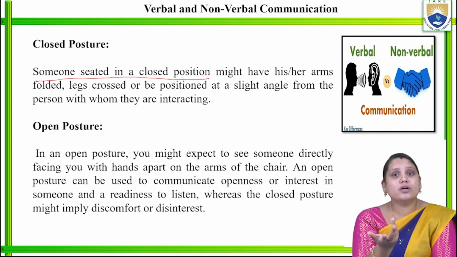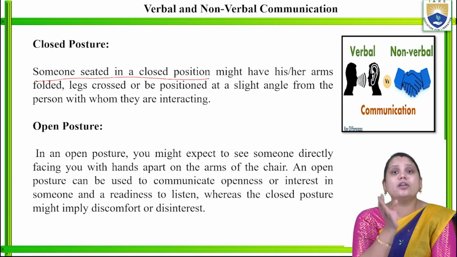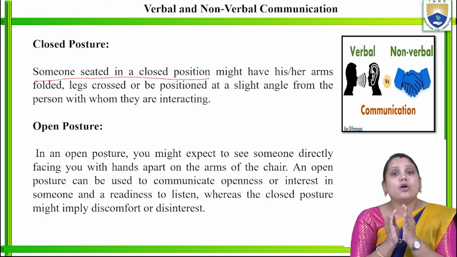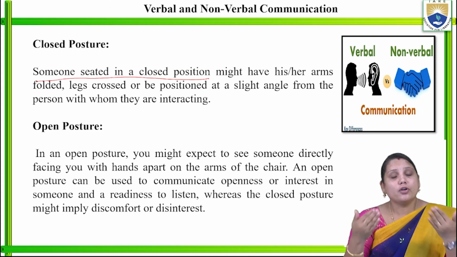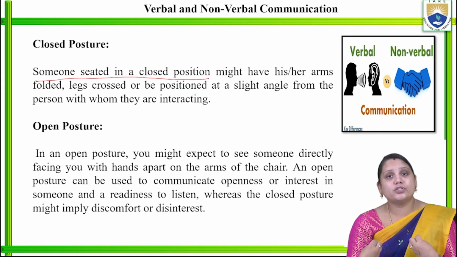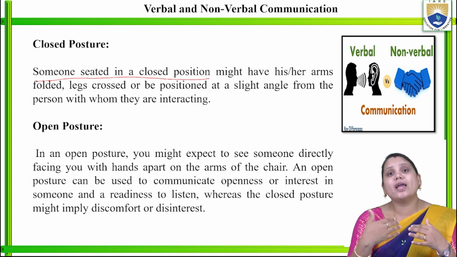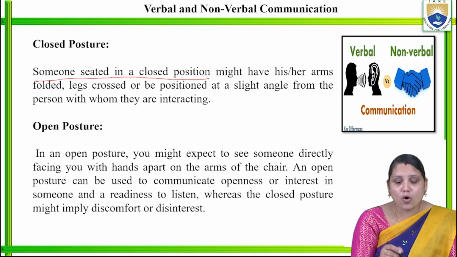When you are talking to a superior, you fold your hands. When you are talking to your teacher, you fold your hands. That is, you are closing your posture. You don't want to look unstable or shabby to the others. So, you are maintaining your body posture in such a way that it regulates and reciprocates the conversation in a very good way. Then, open posture.